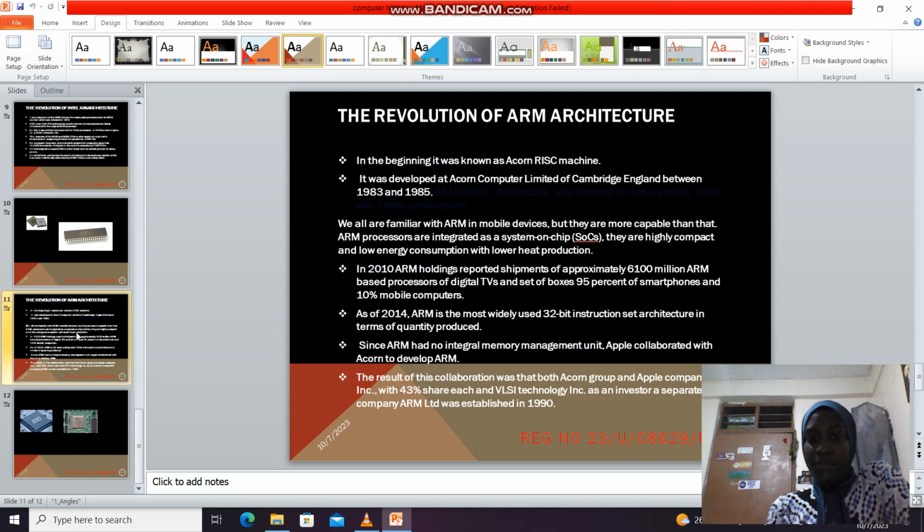Since ARM had no integral memory management unit, Apple collaborated with Acorn to develop ARM. The result of this collaboration was that both Acorn Group and Apple Company incorporated with 43% share each, and VLSI Technology Incorporated as an investor. A separate company, ARM Limited, was established in 1990.